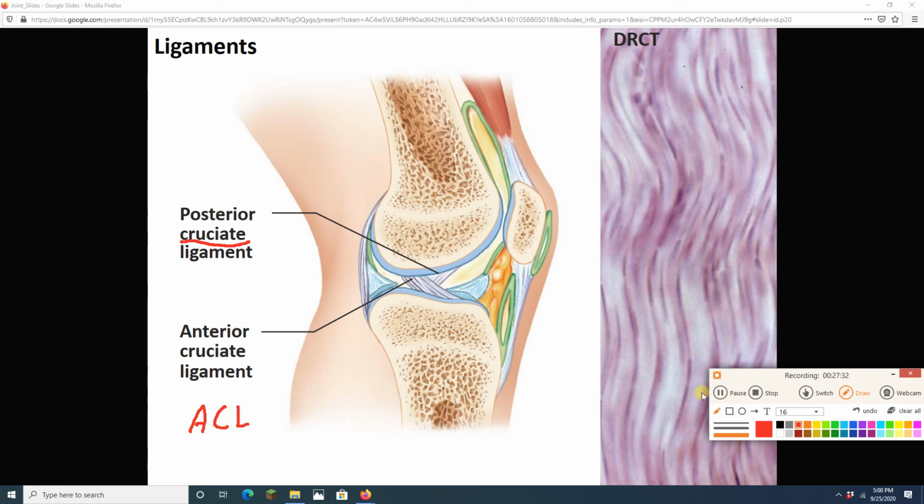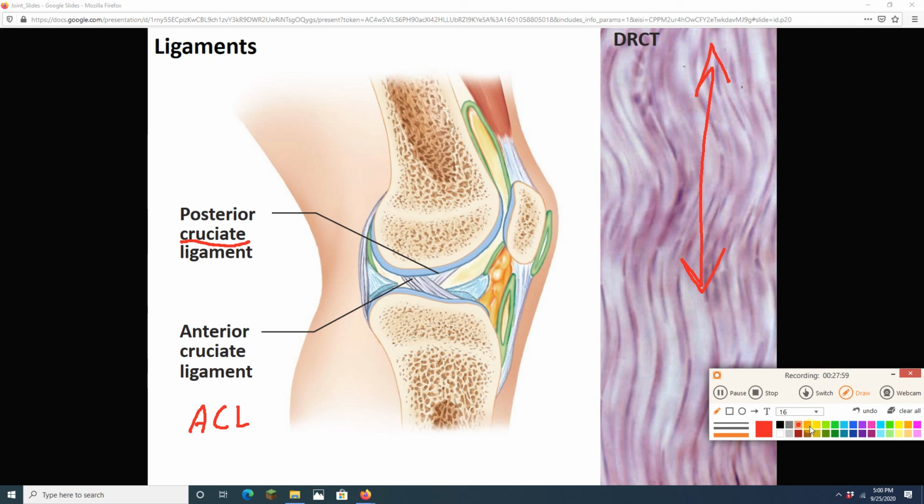Now, ligaments are great because they're super strong. They're super strong because they have all these parallel collagen fibers. But a problem arises when you stress ligaments at the wrong angle. So this ligament that I've got pictured on the screen here is really strong in this vertical position, okay?